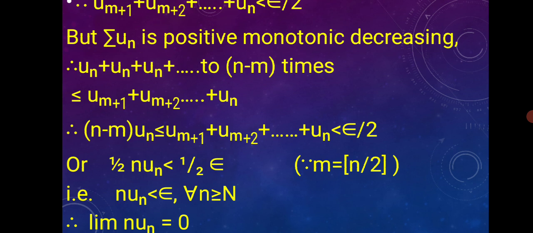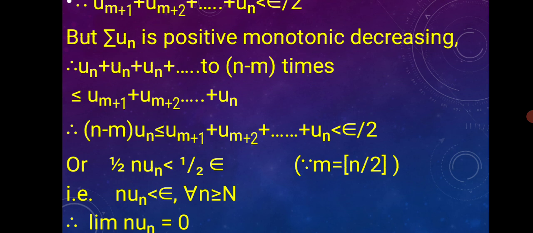But summation un is positive monotonic decreasing. Therefore, un plus un added (n minus m) times is less than or equal to u(m+1) plus u(m+2) plus ... plus un.